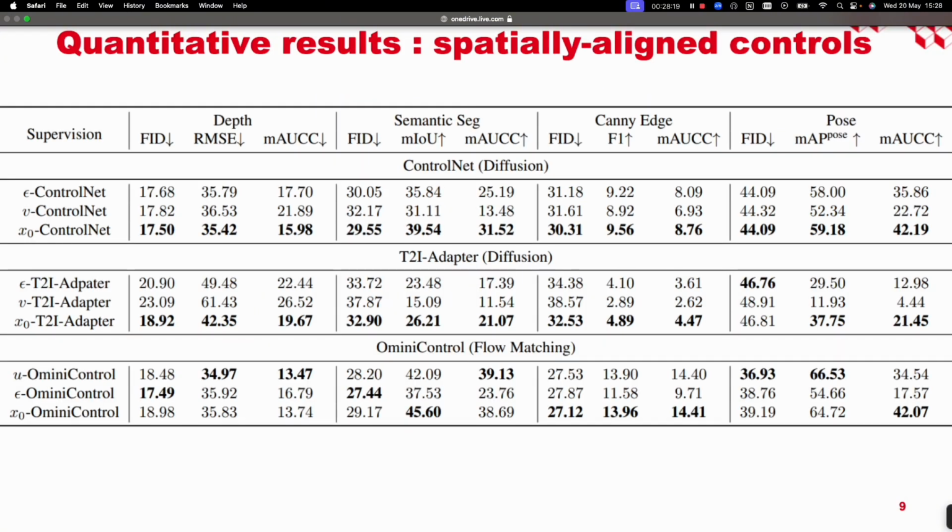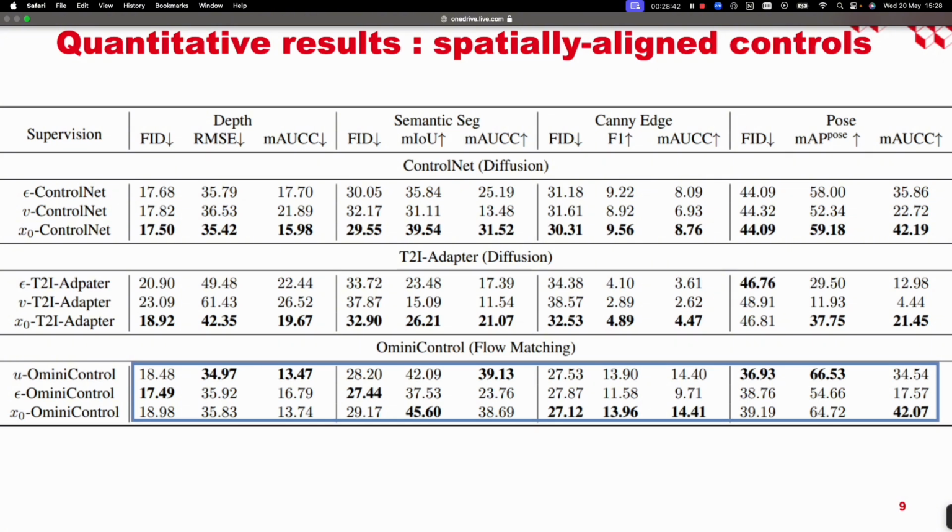Here we show the quantitative results on spatially aligned controls. As we can see, x0-Supervision clearly improves all metrics on ControlNet and the text-to-image adapter. On OmniControl, however, we observed that the baseline approach was already converging quite fast.